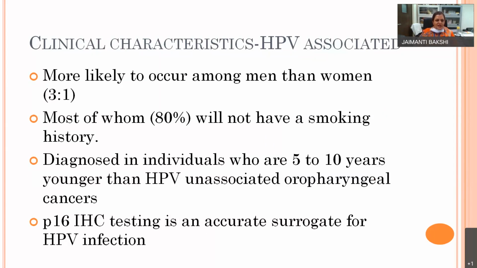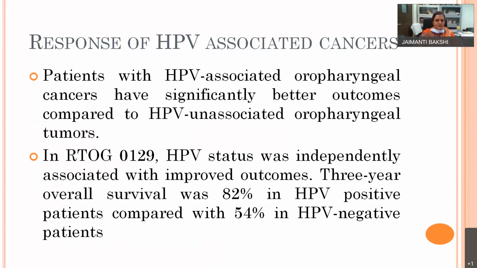Most of these patients are younger in age as compared to the non-HPV-associated oropharyngeal cancer. 80% will not have a history of smoking, and it is diagnosed in individuals who are 5 to 10 years younger than those with HPV-unassociated oropharyngeal cancers. p16 IHC testing is an accurate surrogate for HPV infection.